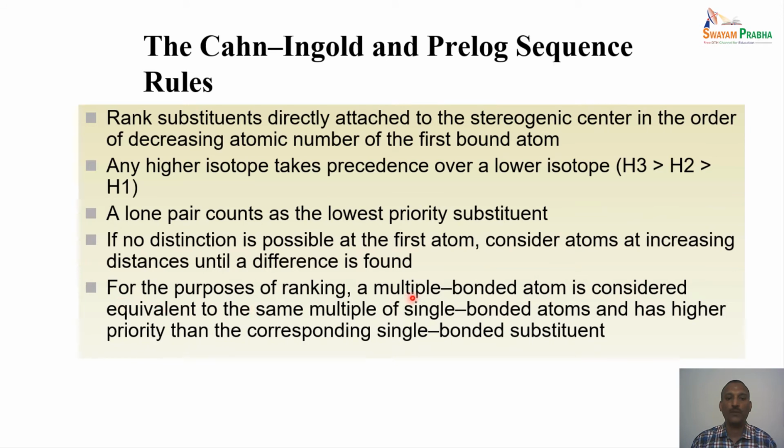And for the purpose of ranking, a multiple bonded atom is considered equivalent to the same multiple of single bonded atoms and has higher priority than the corresponding single bonded substituent. In other words, if we have to represent a carbonyl group, that is C double bond O, instead of making it a C double bond O, we have to make two single bonds to O, that means C dash O and C dash O, and based on that we have to give the priority.